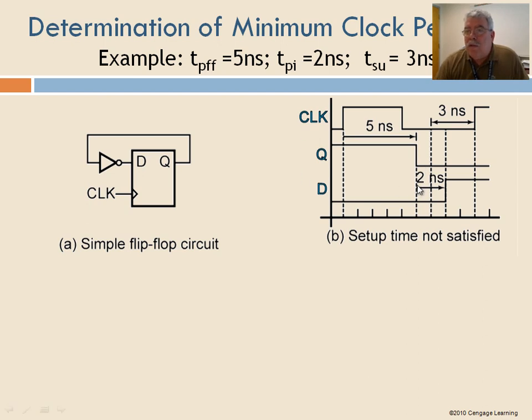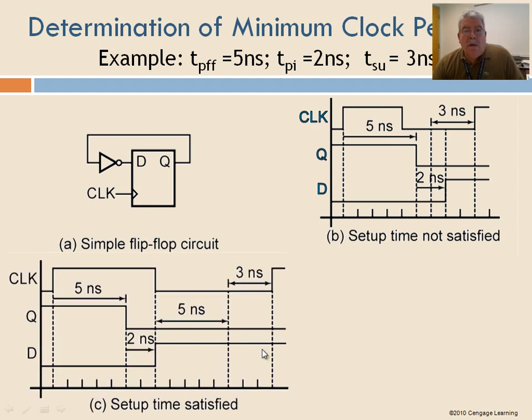And then we also have 2 nanoseconds on the inverter, which adds up to 7 nanoseconds. And then we have our 3 nanoseconds of the setup time, and you see that is not satisfied. So clearly this time is less than 10 nanoseconds. Okay, you see these two times are overlapping.